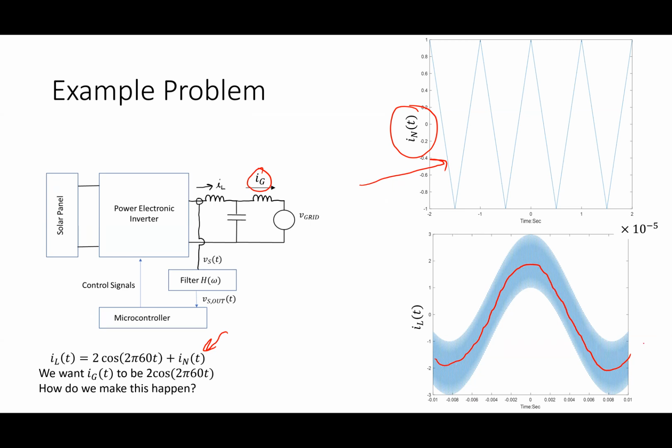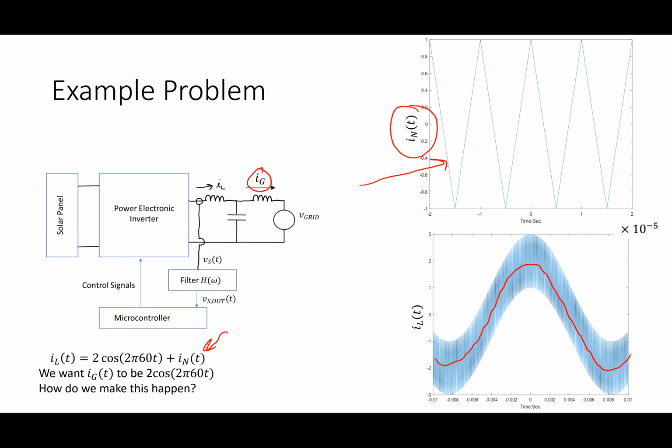That's the whole idea of this kind of filtering: I have some signals I want to get rid of and some I want to pass. My goal is to pass power into the grid. That means I have a voltage source, and I need to push current into it. But I don't want that noise term to make it there. So our goal is to design a filter to do that.